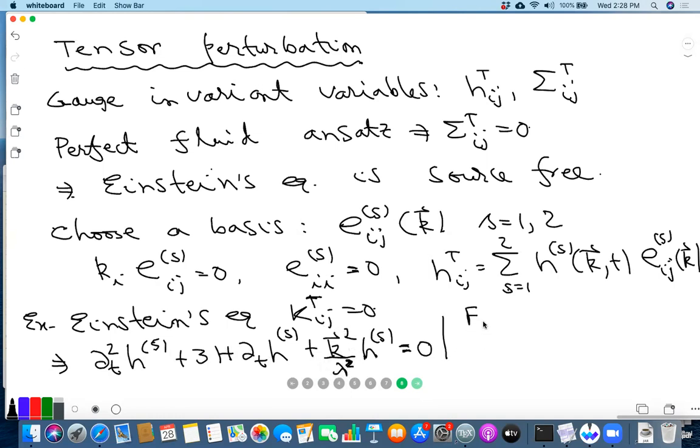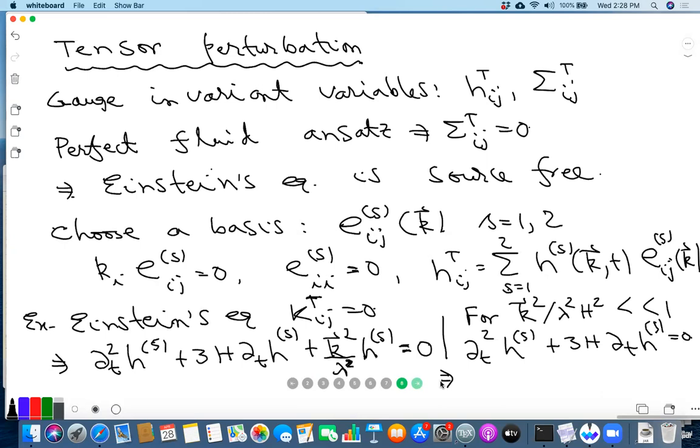So for the super horizon perturbation, k square over lambda square H square small, the equation takes the form ∂_t² h_s plus 3H ∂_t h_s equal to 0.